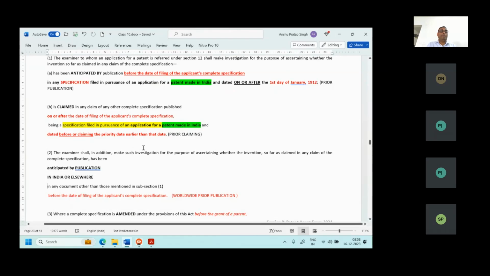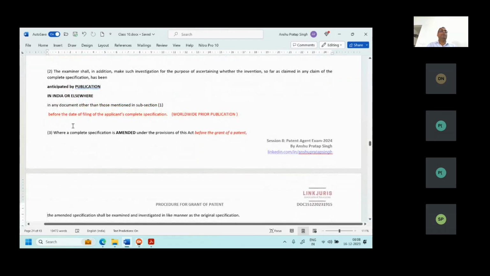Then comes publication. Here, same thing. Before the date of filing of complete specification, we will check whether it is anticipated by any publication or not. This is very simple. Any literature which is after the date of your filing is not relevant.